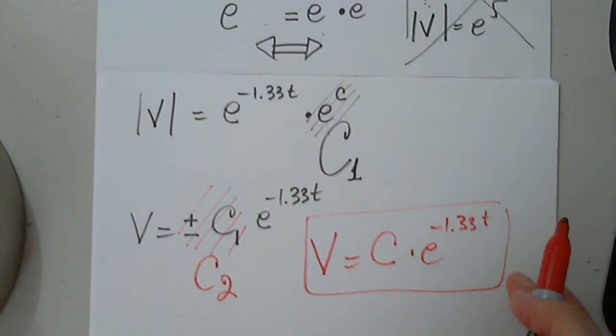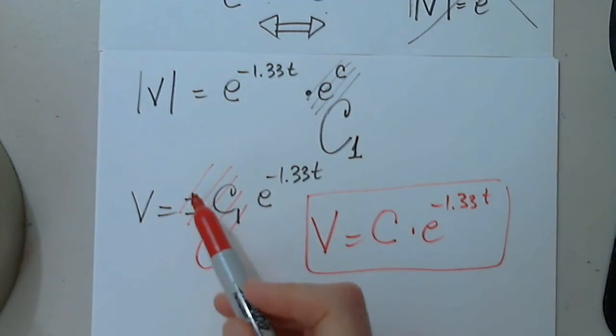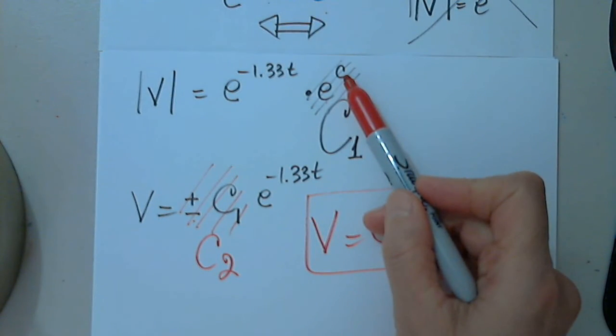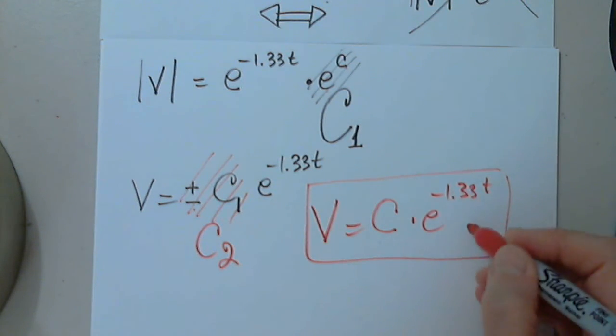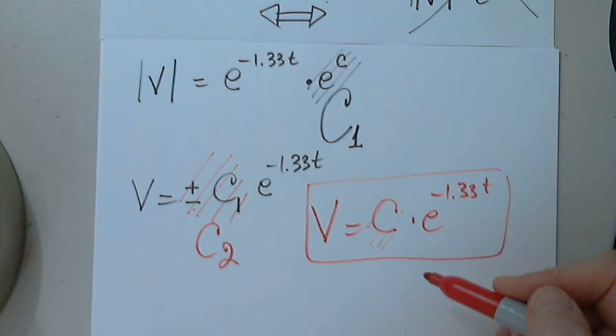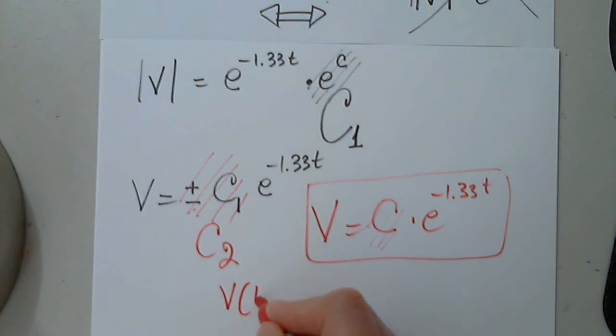And you can call this the way you like. You can call it c1, you can call it c2, you can call it c. What is involved in here? Plus or minus e to c. But we want to have a clean function and the constant outside. So we determined v, which is actually v of t.